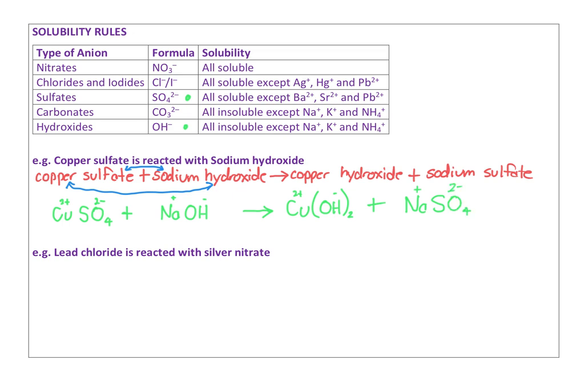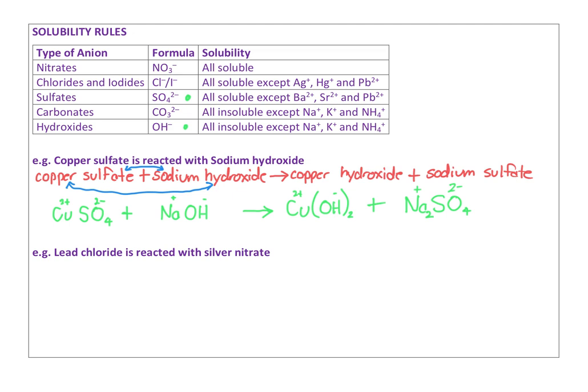Again here now, a plus and a 2- don't balance out. That's no good. We need 2 pluses to balance out the 2-, so we need 2 sodiums. So we put a little 2 down there. So when we're working out the formula of these things, we put in the little numbers at the bottom.